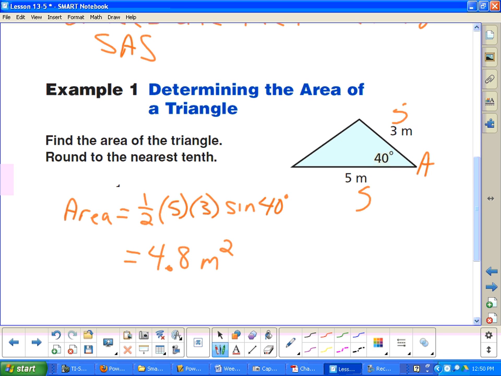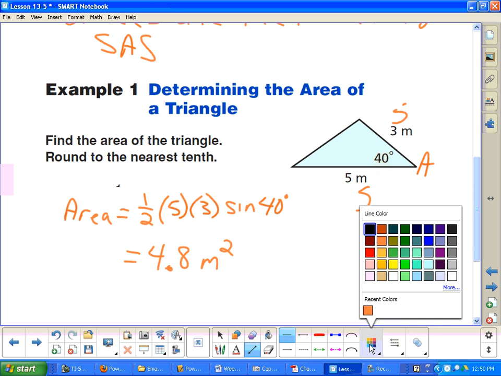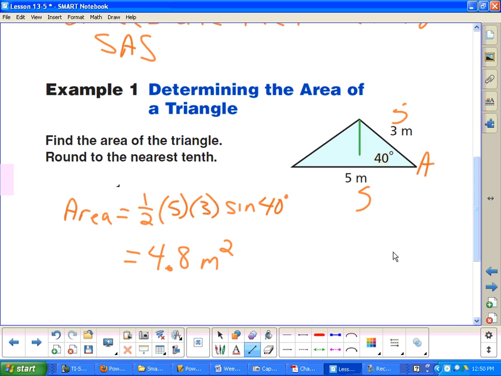So if we know side angle side, we can use that simple formula, 1/2 times base times the height. And the height is actually determined here. For this 40-degree angle, the height is the opposite, and this side that's 3 is the hypotenuse.